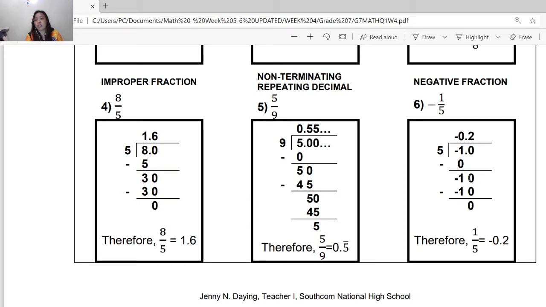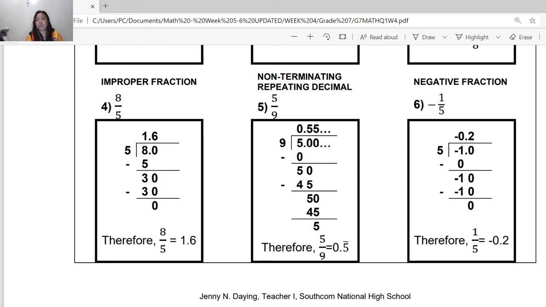So that will become negative 10. Divided by 5 is negative 2. So negative 2 times 5 is negative 10, but since we have subtraction here, this will become positive because it will change the sign, and that is cancelled out. Therefore, negative 1/5 is equal to negative 0.2.